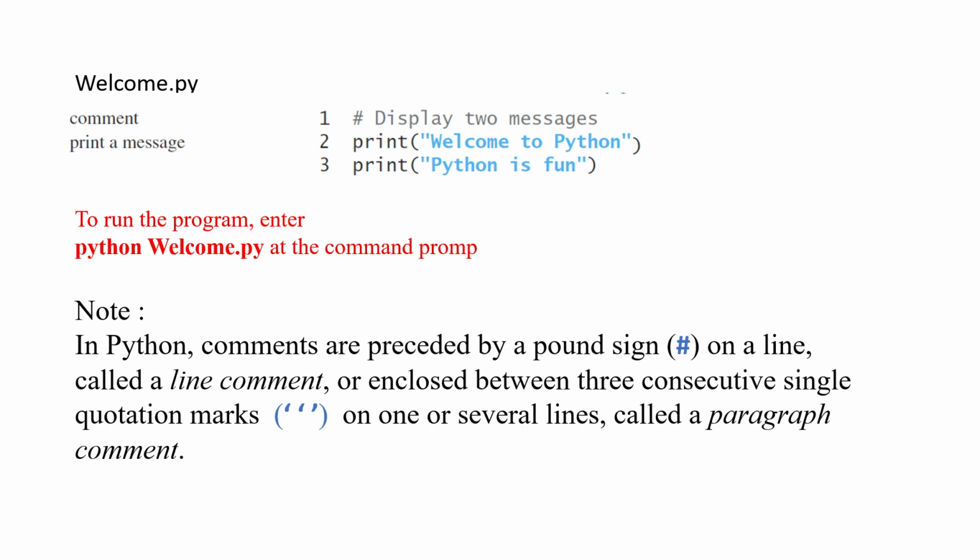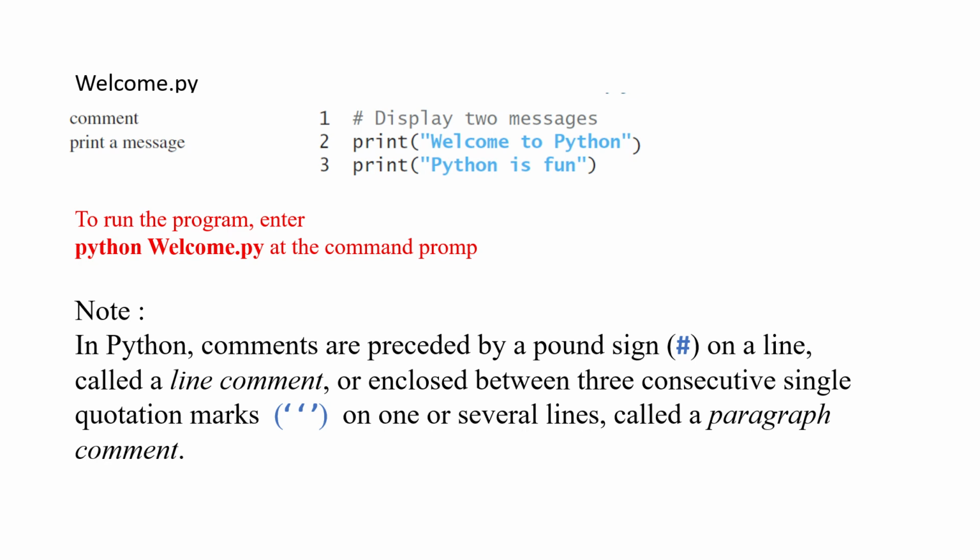If you want to print any messages, you have to use the print statement, with open and close parentheses. Within the parentheses, you can specify the string or the message which you want to display on the computer monitor. To run the program, enter python, the name of the program with the extension .py. In this example, python welcome.py at the command prompt.